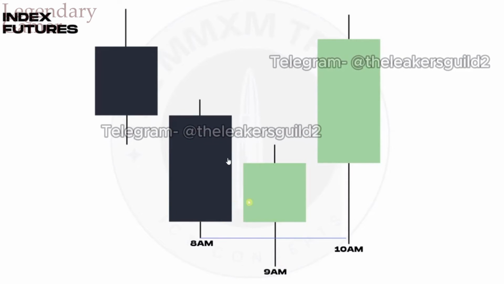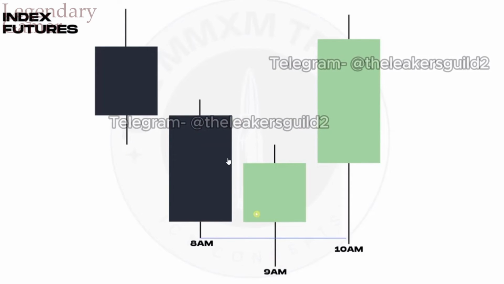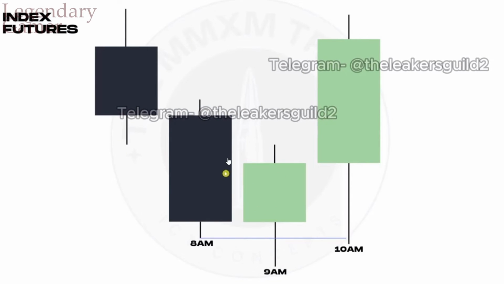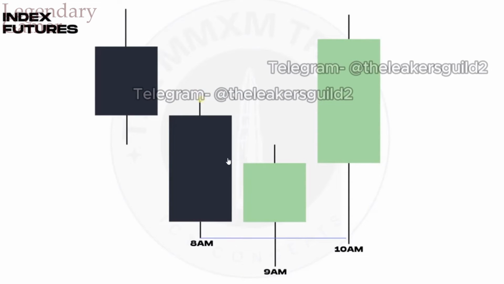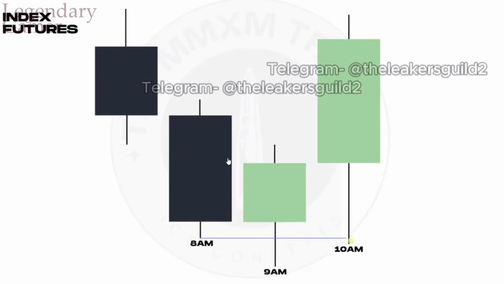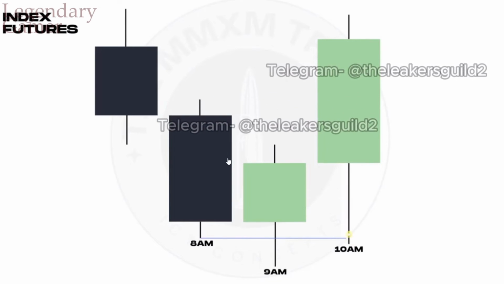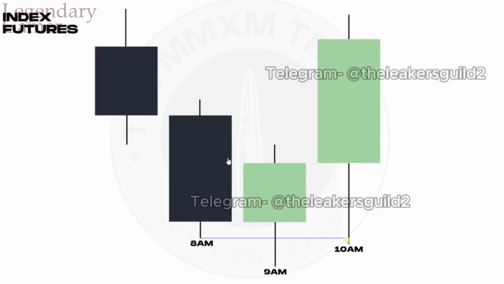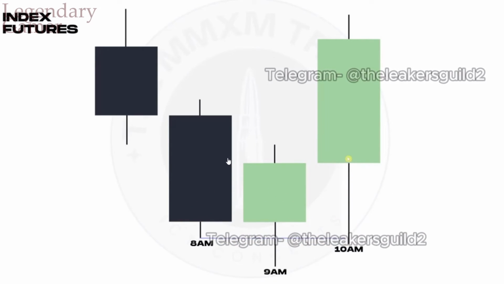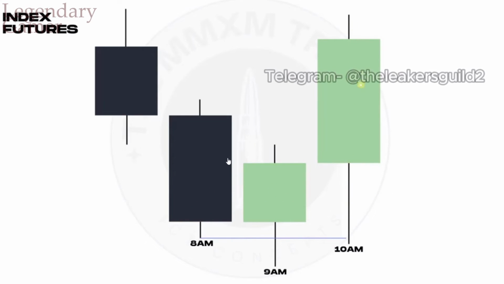And what is also key, we want to see that 9 a.m. candle close inside the range of the 8 a.m. candle. So we can target that 8 a.m. candle's high by trading and finding an entry on the 10 a.m. candle, which is over here, right? We want to see that power of 3, right? Making a lower wick, manipulating, and then distributing up higher.